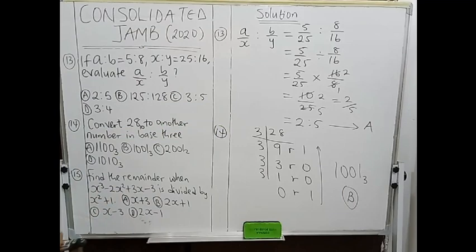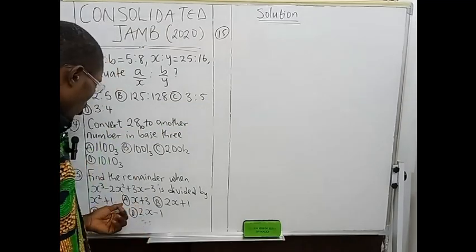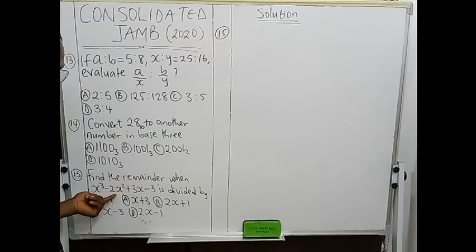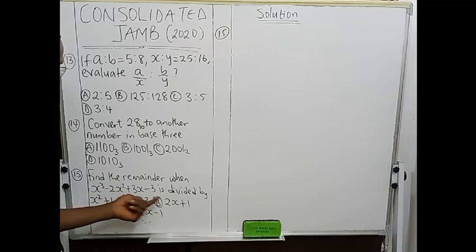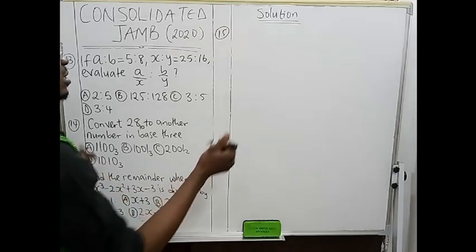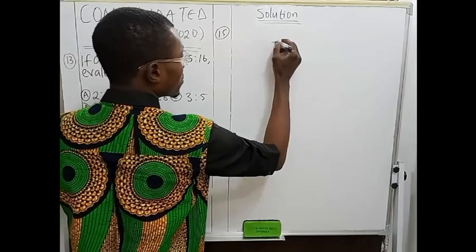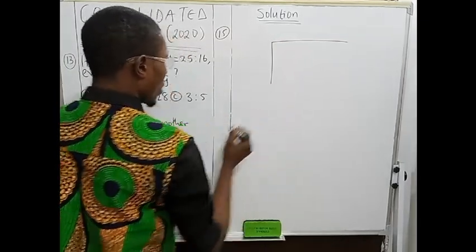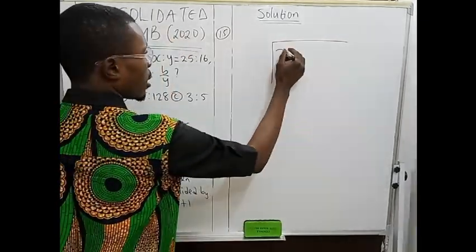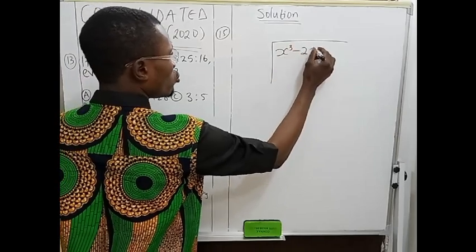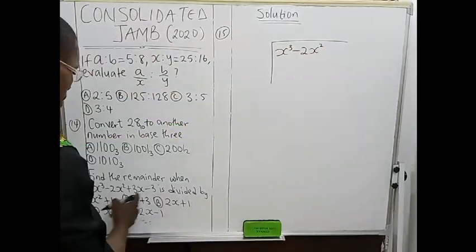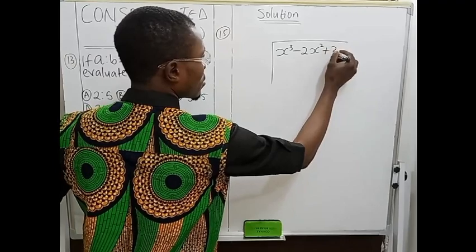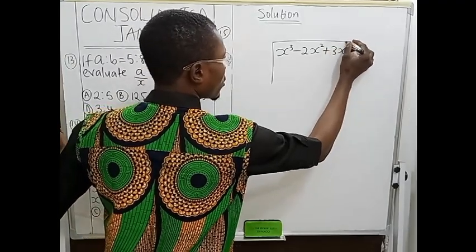Now we'll go to number 15. In number 15, we are to find the remainder when we divide this polynomial by this. So let's divide and see what we obtain as remainder. We have x cubed minus 2x squared plus 3x minus 3.